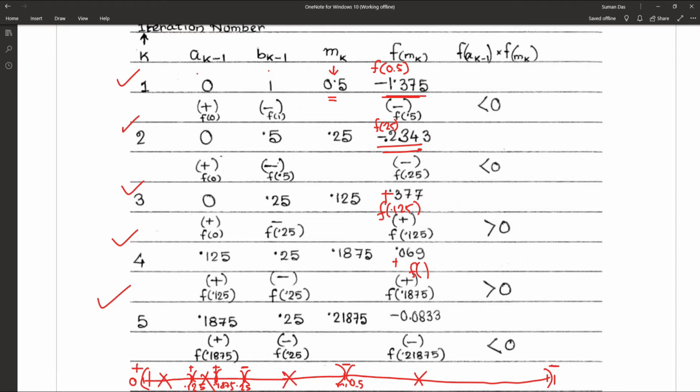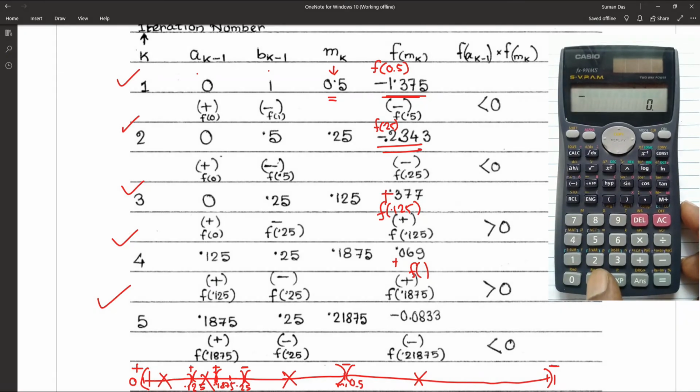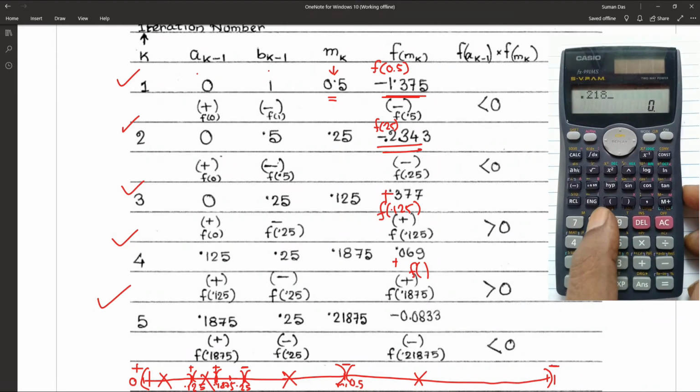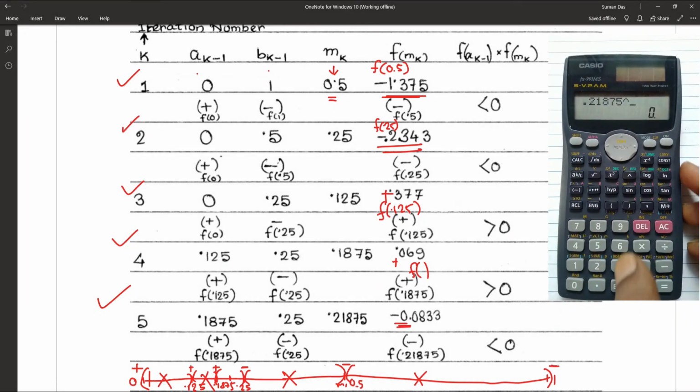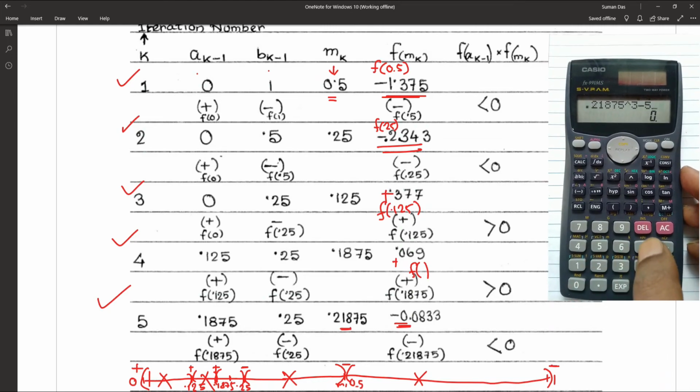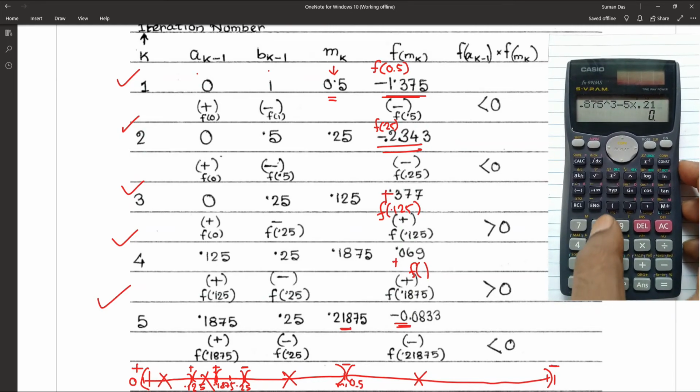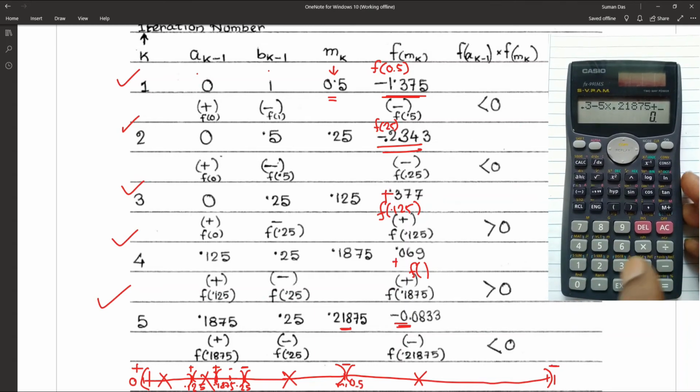Bisecting it, we get the value of the function at 0.21875, and that is negative.